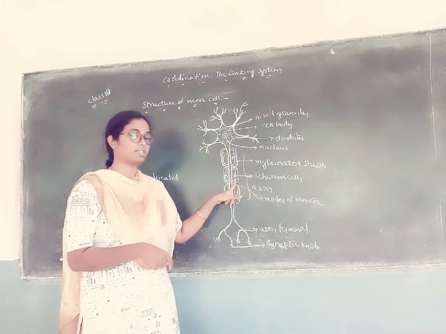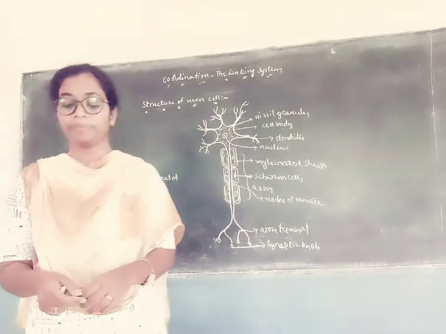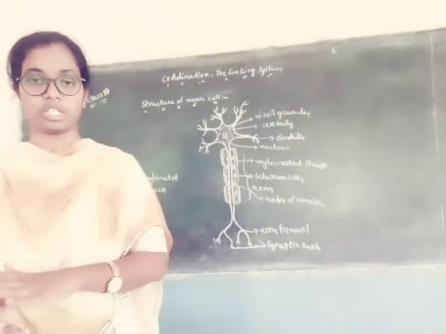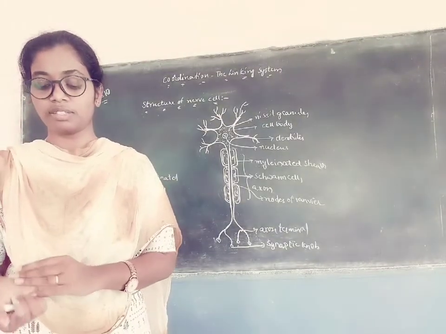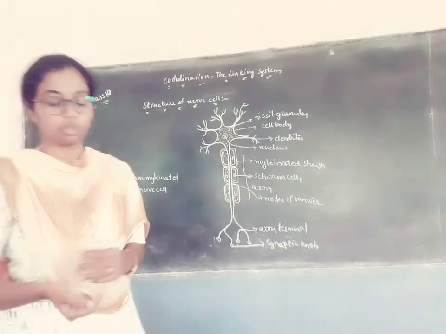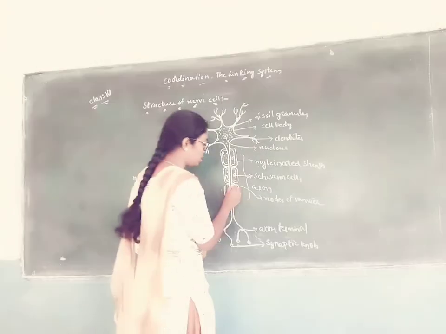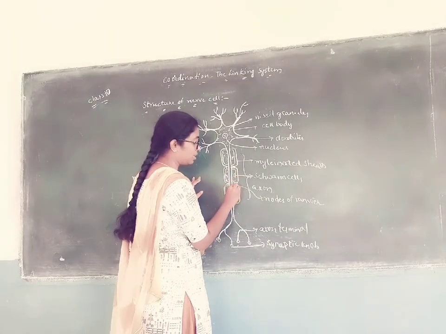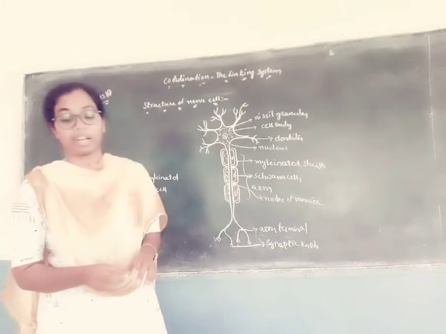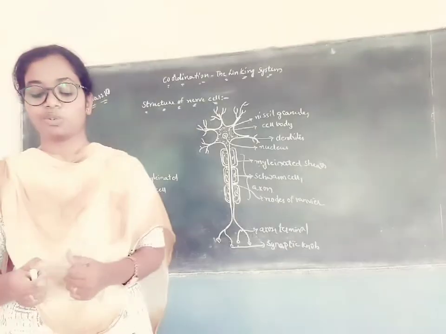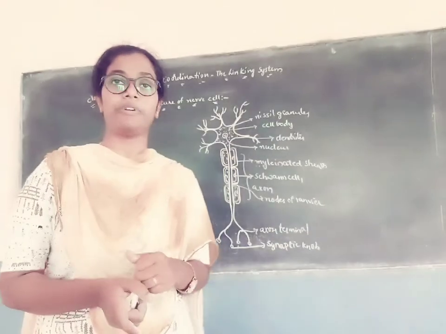This works as a specialized insulatory sheath. This sheath is interrupted at regular intervals called nodes of Ranvier. So this myelinated sheath gets interrupted by the nodes of Ranvier. Next, the myelinated sheath is made up of Schwann cells and chiefly consists of fatty material.